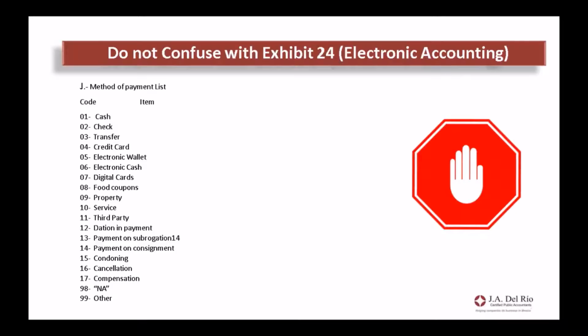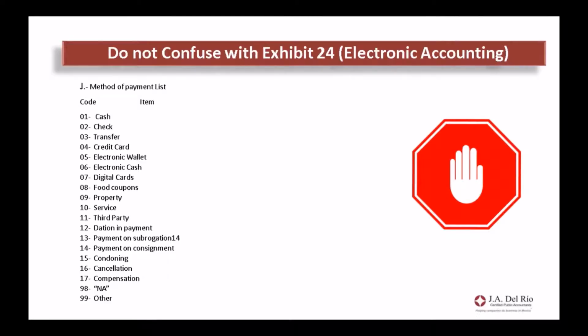Now, another item of controversy is the fact that electronic accounting, which is Exhibit 24, provides a different catalog for method of payments. So I know this is something that is out there and some taxpayers are having doubts as to which exhibit they should use.